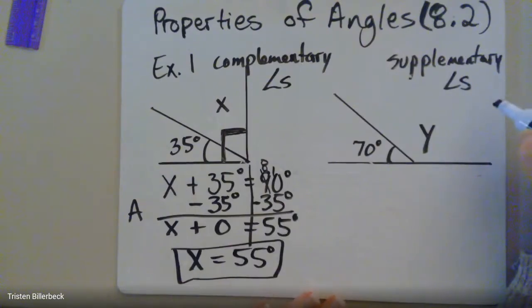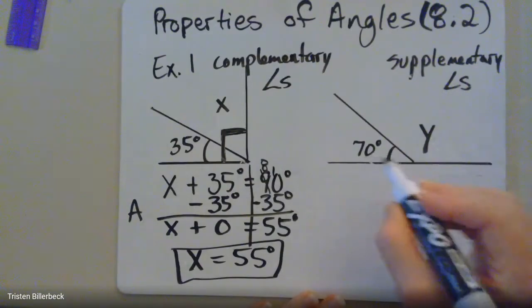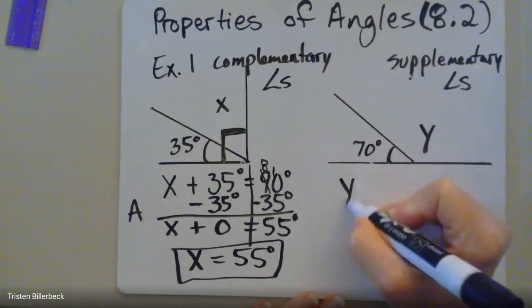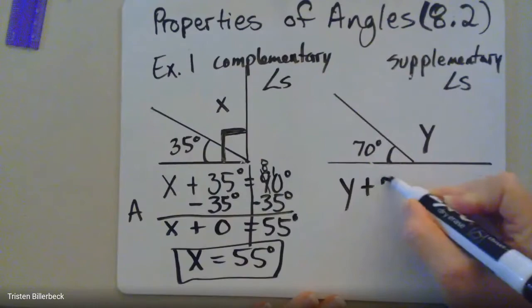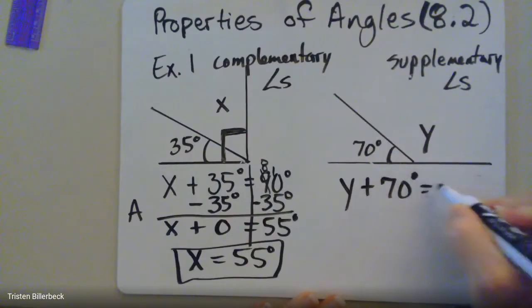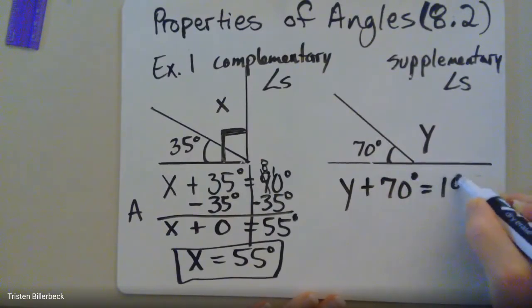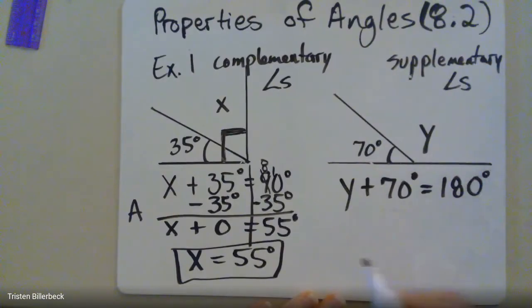All right, now when we look at the supplementary angles, if we recall, supplementary angles add up to what? If you thought 180 degrees, you're right. So we're going to have y plus 70 degrees equals 180 degrees.